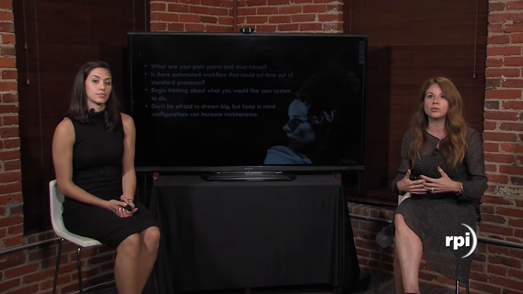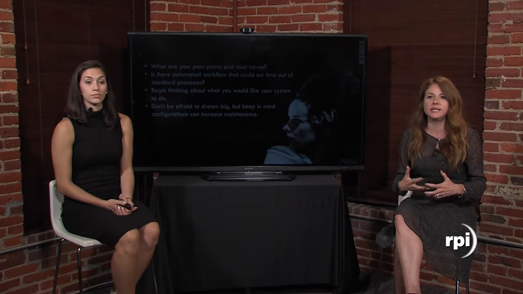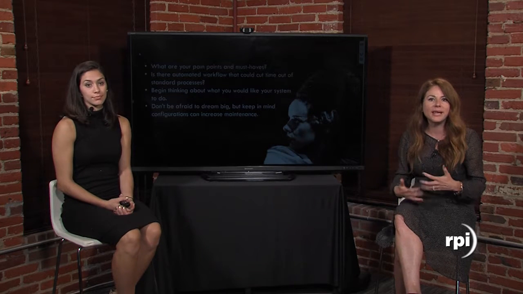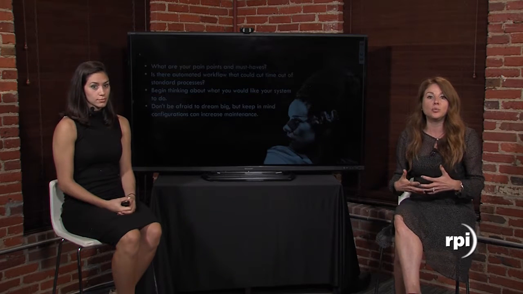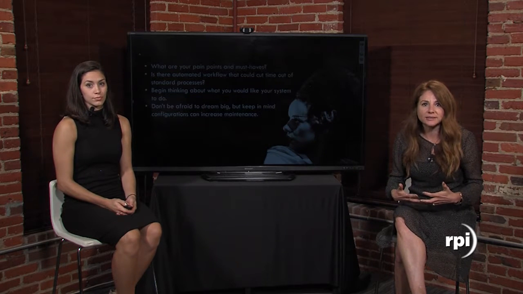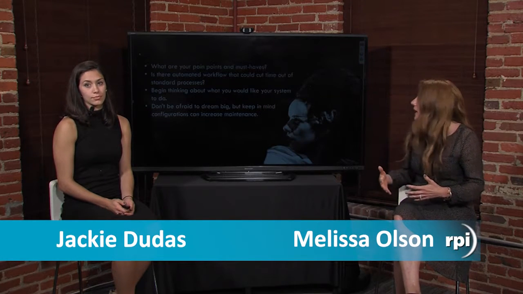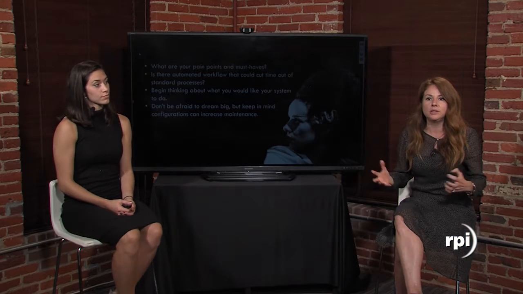So think about what your pain points are. Where is it that you find you're spending a lot of time? Where are there manual processes? Where are there things that you wish the system tracked, but it does not track? So start listing all of those things and then begin thinking about automation.